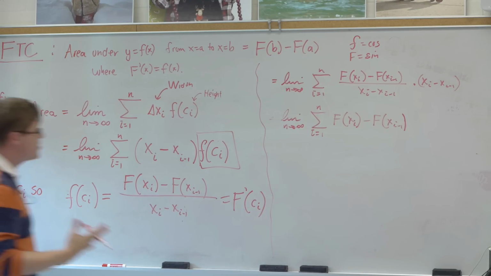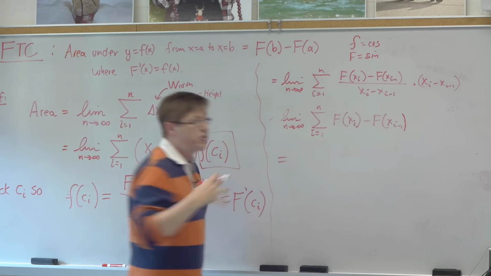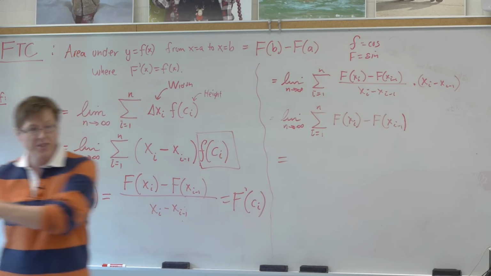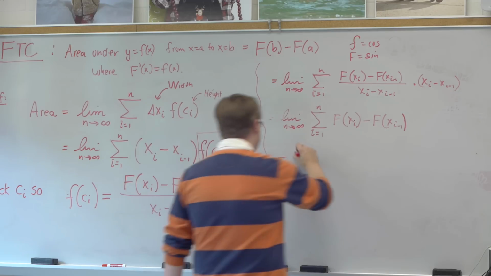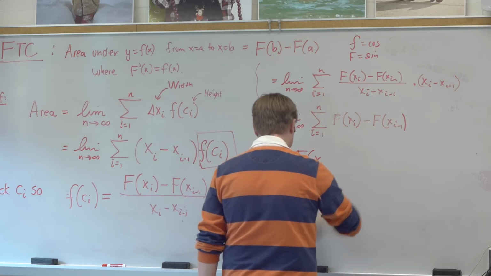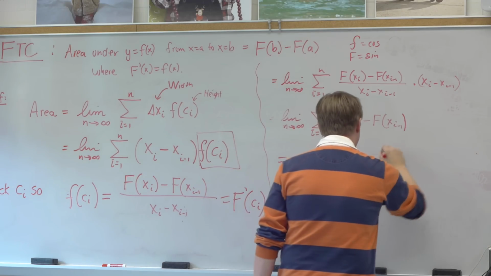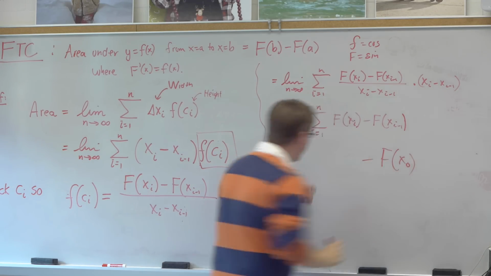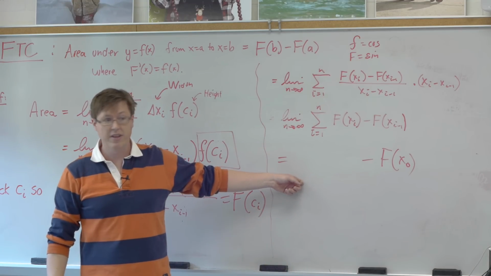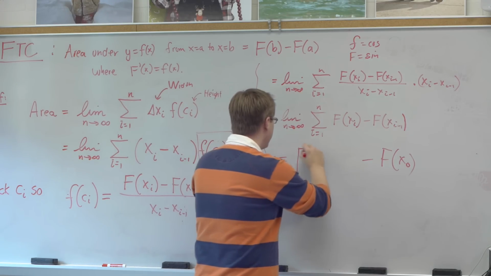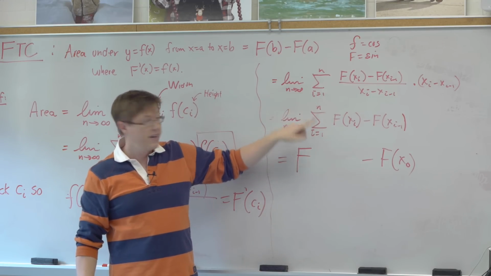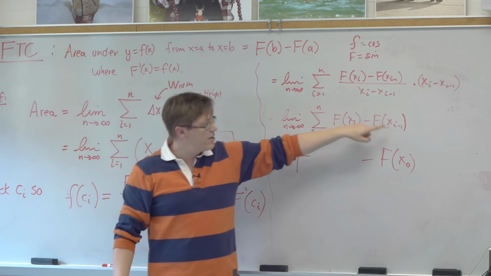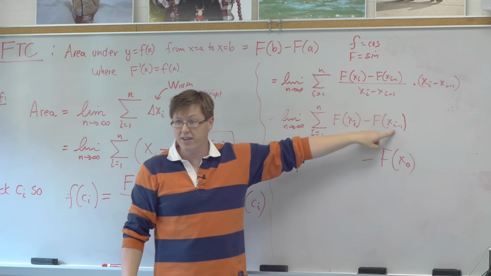So once they cancel out, which two terms are left? What's the smallest one I have? X sub what? X0 is my smallest term, so it's the one that's negative. And what's the biggest term that I have? Well, i goes from 1 to n. xn, because the n minus 1 term is going to get canceled.